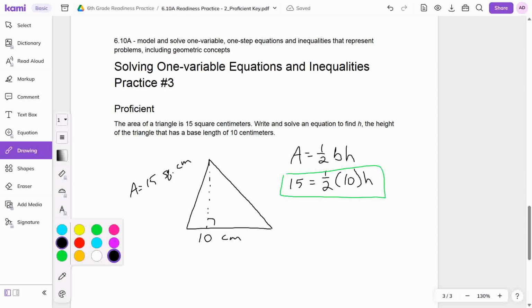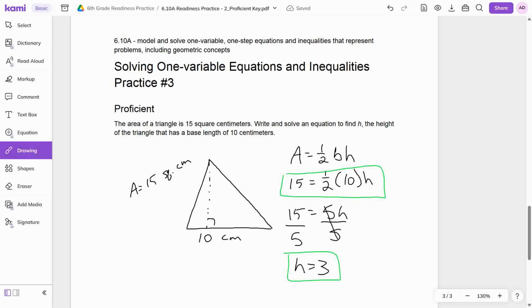Now, let's actually solve it. So let's simplify. 15 equals, what's half of 10? That's 5 height. I want to get this height by itself, so we can use the division property of equality. That's going to cancel it. And we're going to get my height equals 3. Now, don't take my word for it. Let's plug that back in.